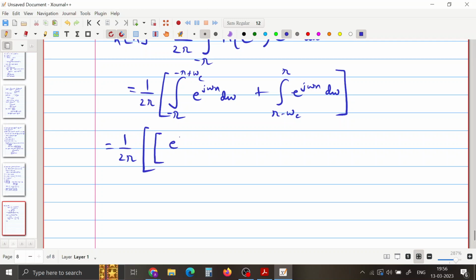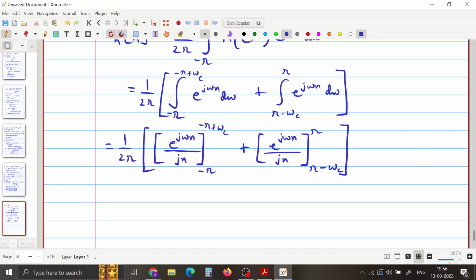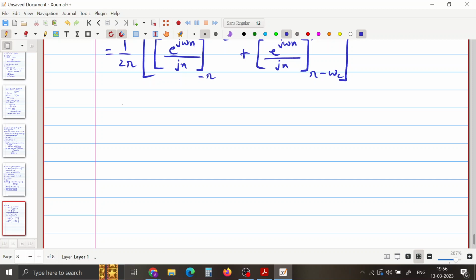The integration of e power j omega n becomes e power j omega n by j n, with the limits at this. Similarly for the second term we have pi minus omega c. There's nothing really complicated in this, it's just simple mathematics.